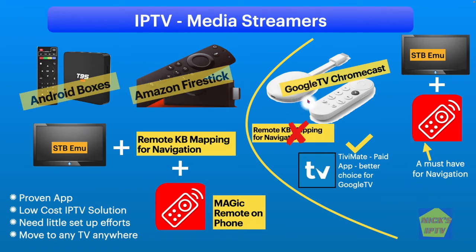That becomes the best combination, the best solution for a Google TV remote for IPTV. So if you are using Google TV Chromecast, you can either use STB with this, or you can buy the app TV Mate, which is good.